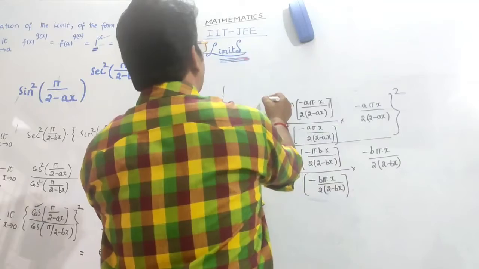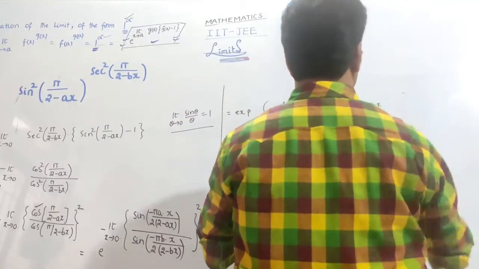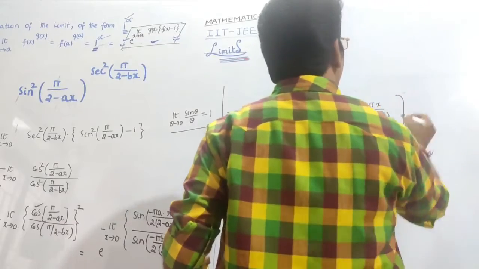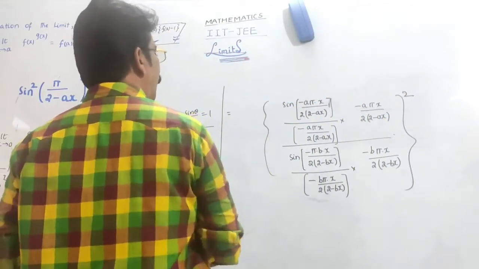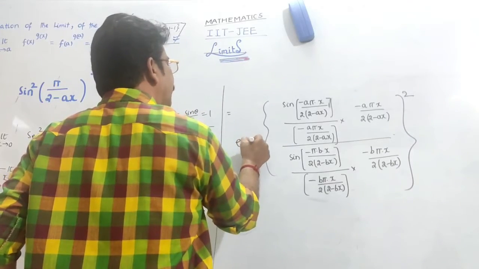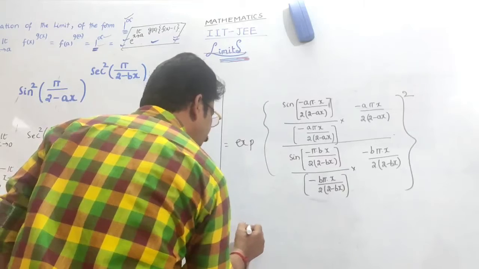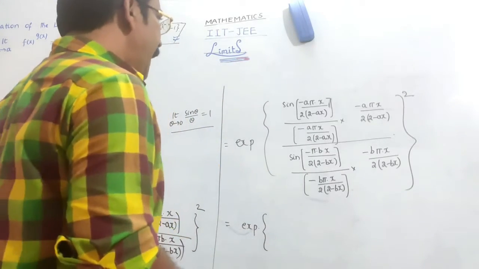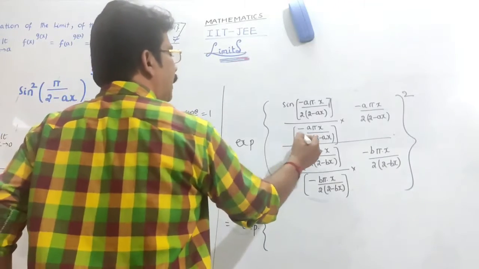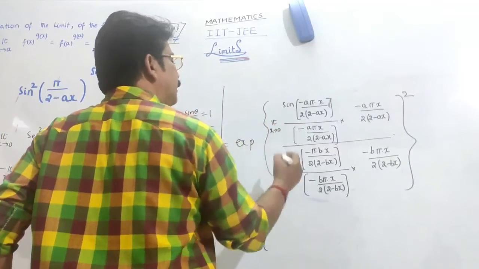It is exponential of whole square, exponential of e power. So that is equal to e power, meaning exponential of. Now apply limit x tends to 0.